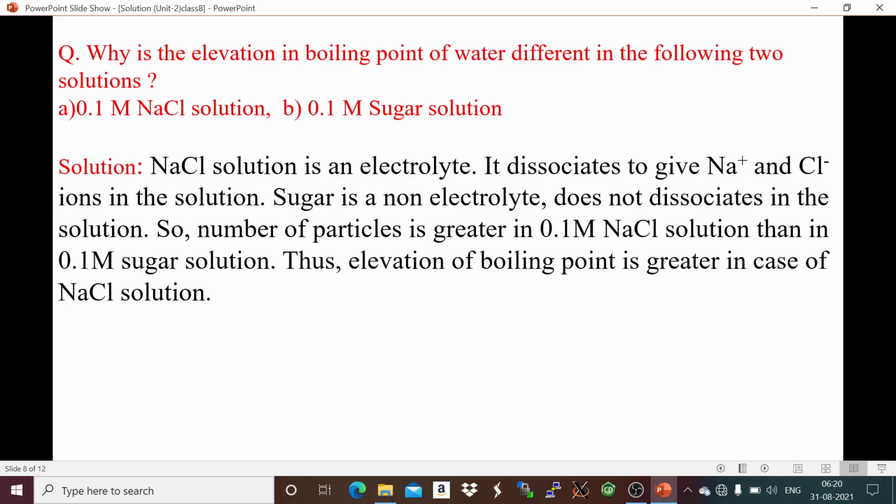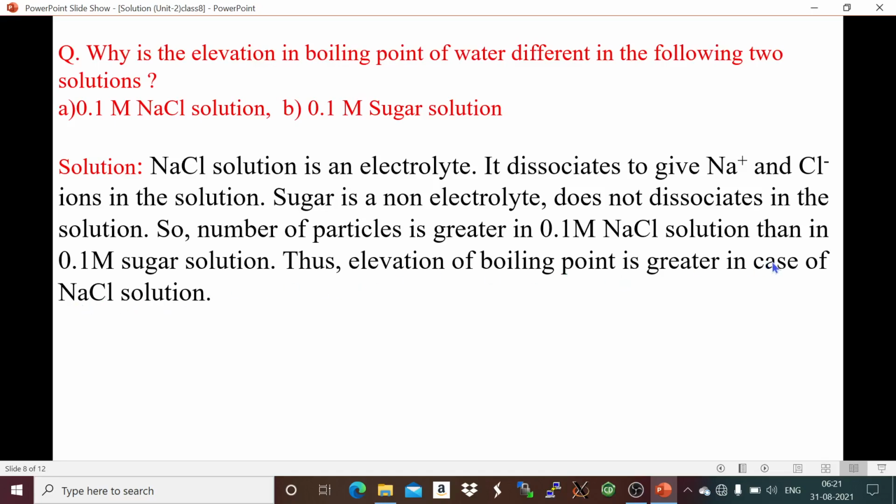As sodium chloride is an electrolyte, it dissociates into 2 ions in water. But sugar is not an electrolyte, so there is no association or dissociation. So the number of particles in sodium chloride is greater than in sugar. Molarity is the same. Thus the elevation is greater in the case of the NaCl solution.